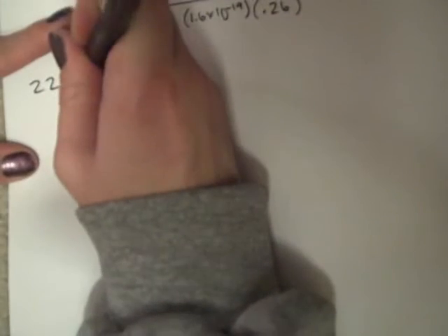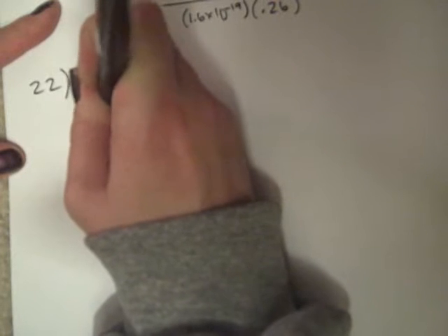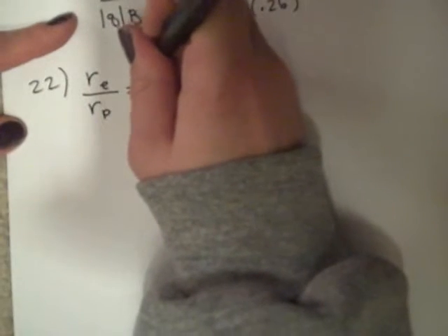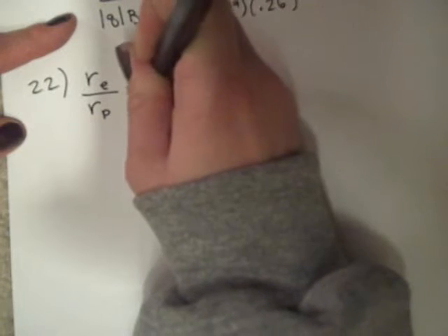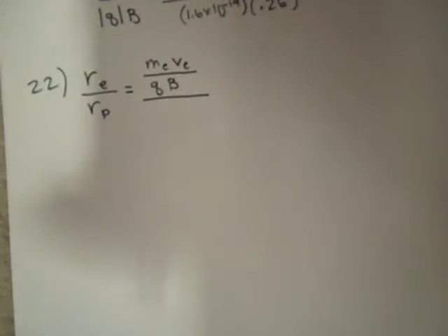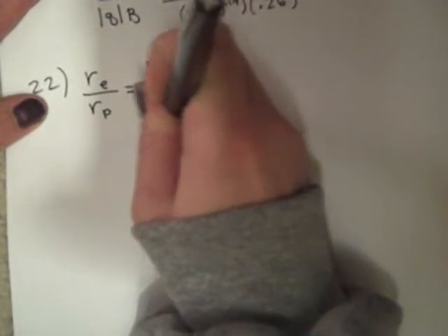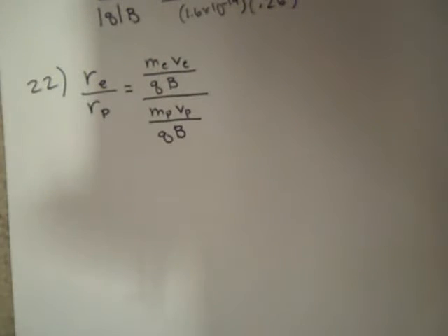So I want to compare the radius of the electron to the radius of the proton. In the equation we just used above, the radius for the electron is going to be the mass of the electron times its velocity divided by its charge times its magnetic field, and same thing for the proton: the mass of the proton times the velocity of the proton divided by its charge times its magnetic field.